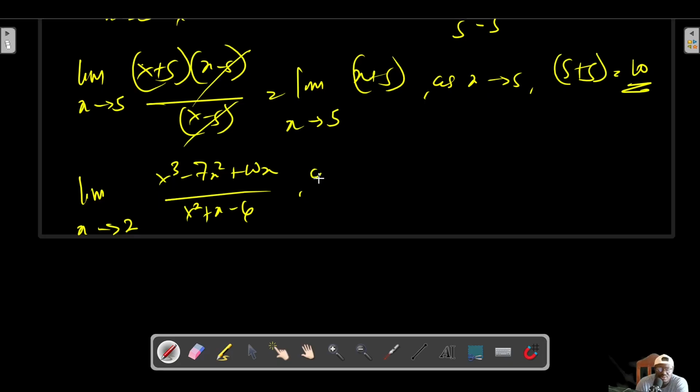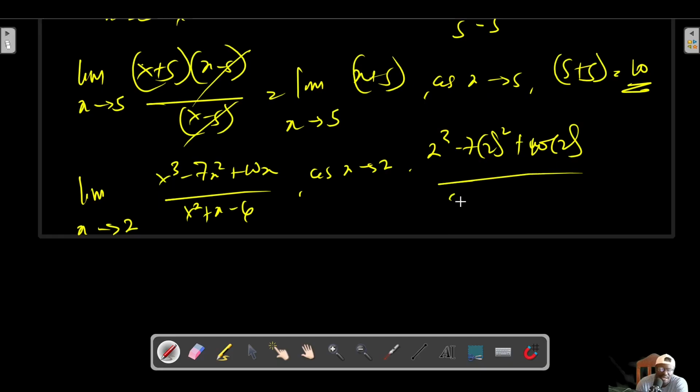As x is approaching 2, we end up with 2 cubed minus 7 times 2 squared plus 10 times 2 all over 2 squared plus 2 minus 6. What are we going to get? On the numerator, 2 cubed is 8. Negative 7 times 4 is negative 28.